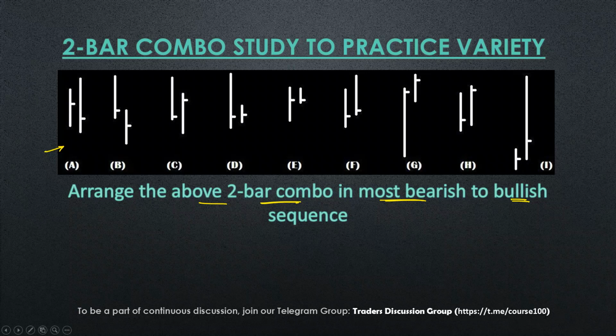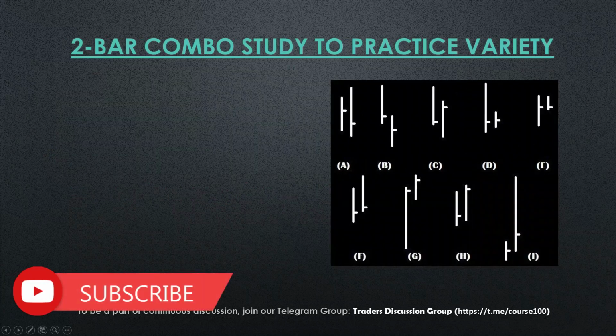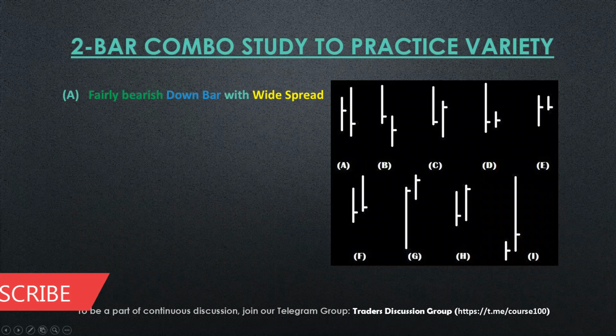Means you have to find the most bearish of these first, and your last should be your most bullish one. So let's analyze this one by one. How do we read them? So that's your first bar. This bar is closing off the lows, means fairly bearish.